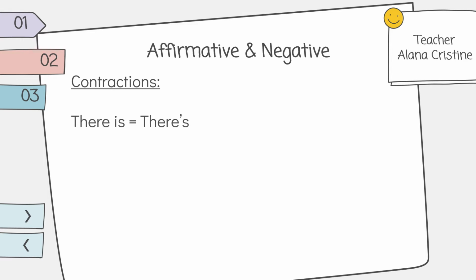Let's check. With there is, yes, I can say there is, there's. Contração perfeita. Check. Porém, com there are, eu não posso falar there're. Não existe contração para there are. Para there is, ok. Para there are, no.